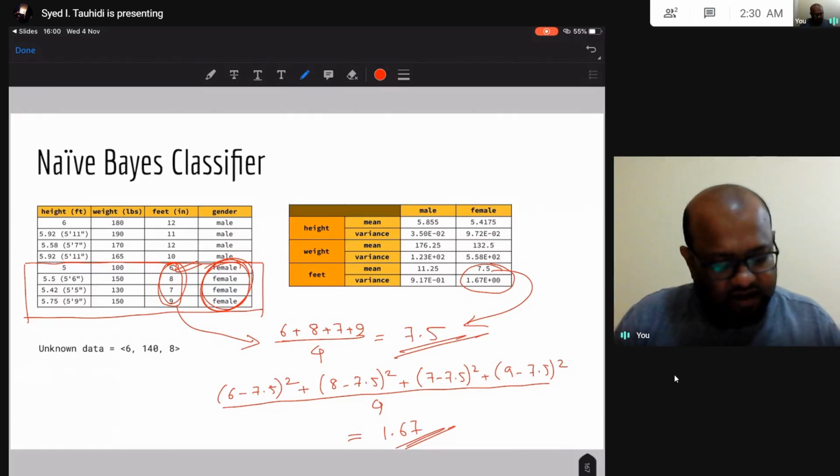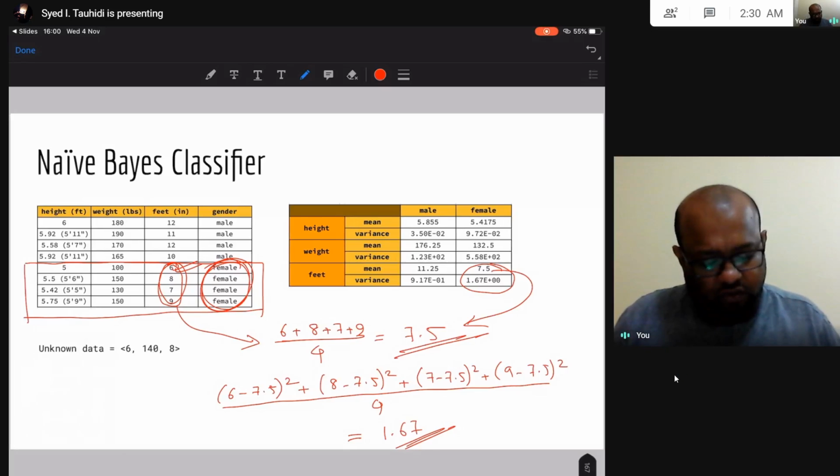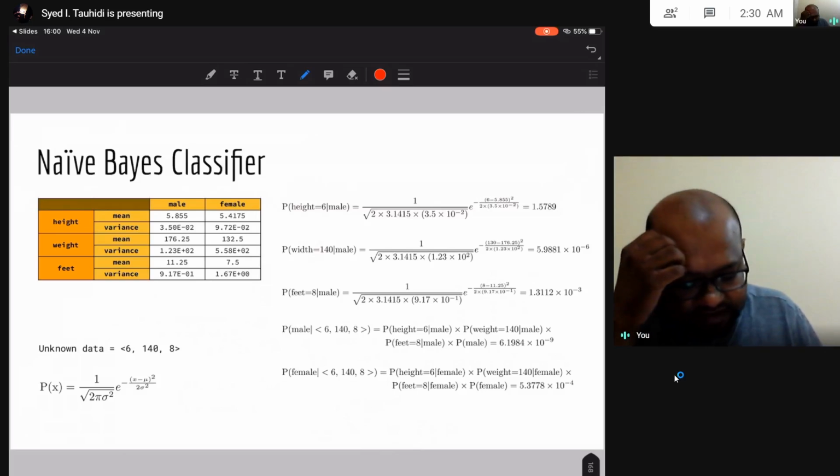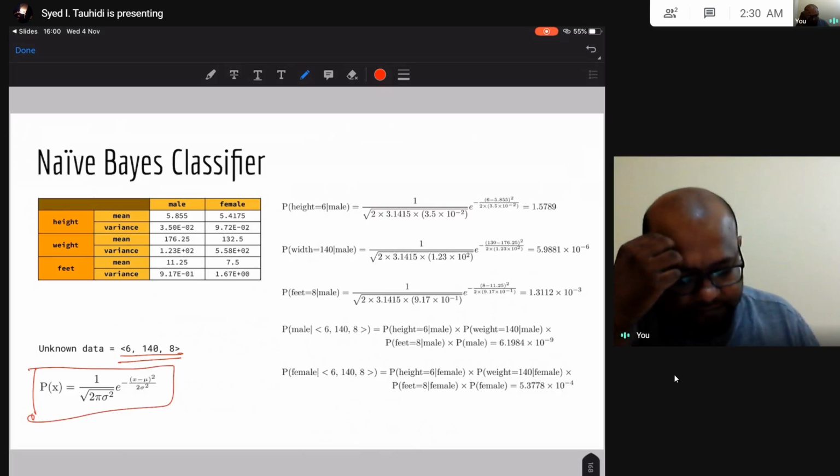Now let's go ahead and use this to do a prediction. I am given this data, and this is my probability density equation that I already showed. This is height, this is weight, and this is foot size.